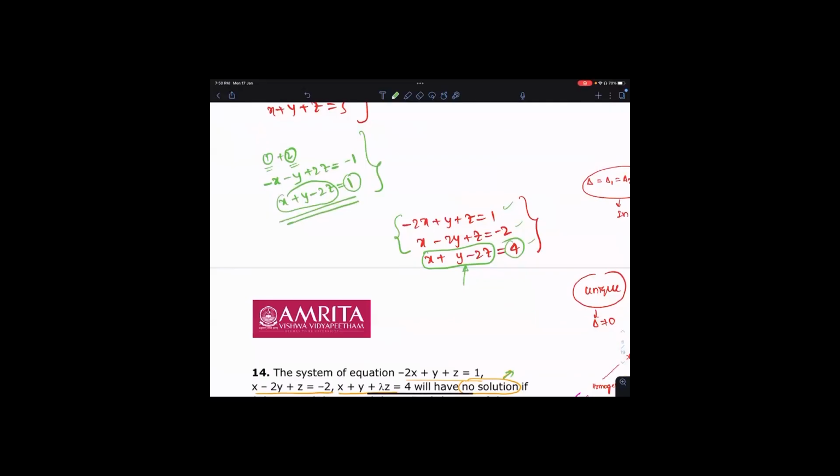If you get the same equation as the third, then it is infinite solutions. Otherwise, no solution.